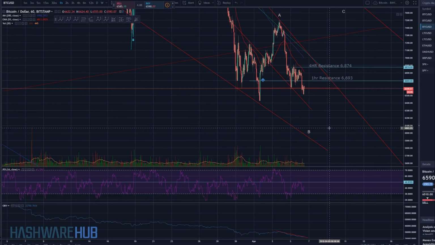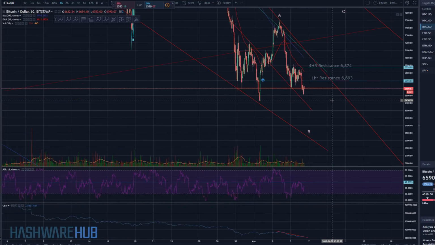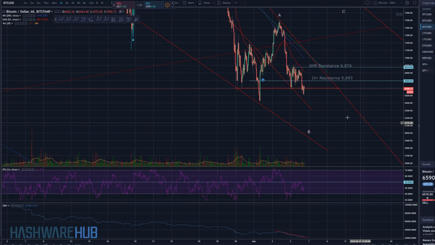As far as trading is concerned, if you're aggressive, you can wait for this thing to break down again, assuming it's going to break below this, and set a target somewhere around this 59.50 level. But I would set it above it, and that would be a kind of risky trade.